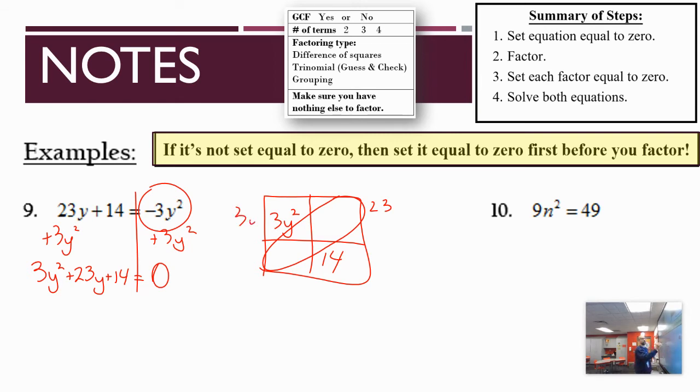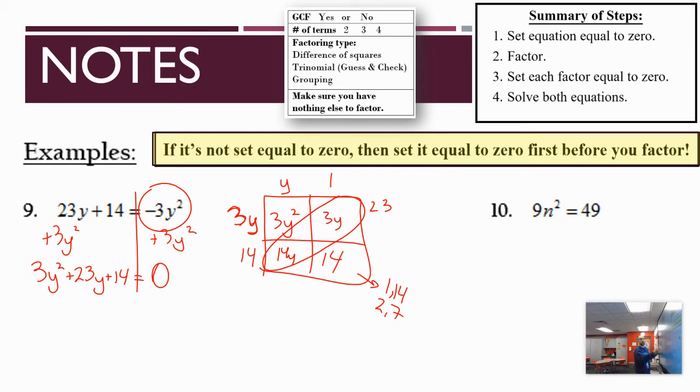I also know the only way to get 3y squared is to have 3y times y. So really now I need to figure out things that multiply to 14: 1 and 14, 2 and 7. When you're using larger numbers, that potentially leaves you with some larger combinations. If you try 1 and 14, everything's positive, so you don't have to worry about signs, but when I use 1 and 14 in those spots, I end up with 3y and 14y.